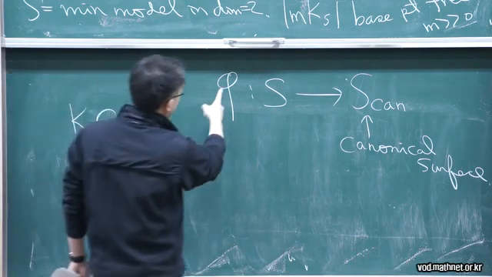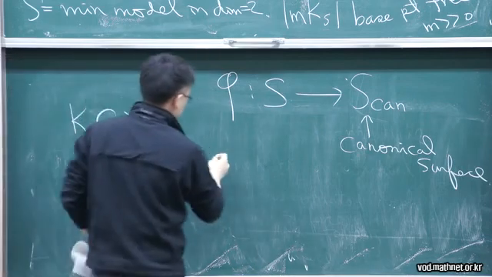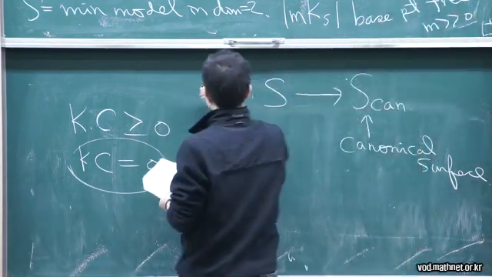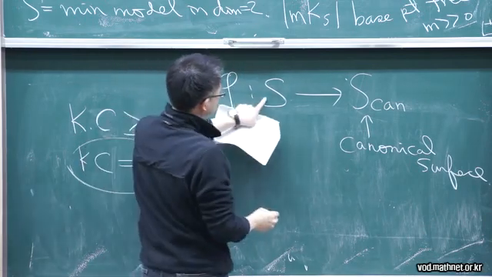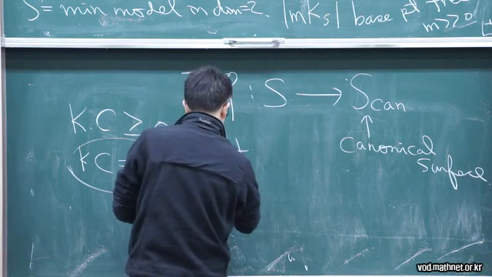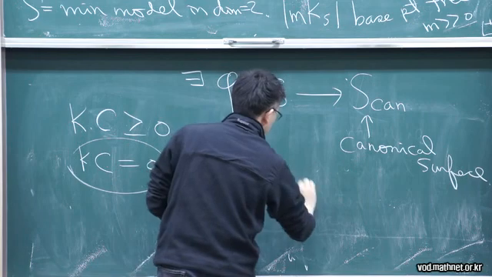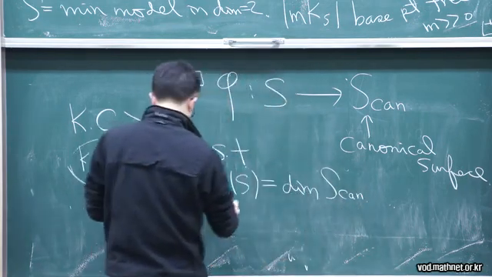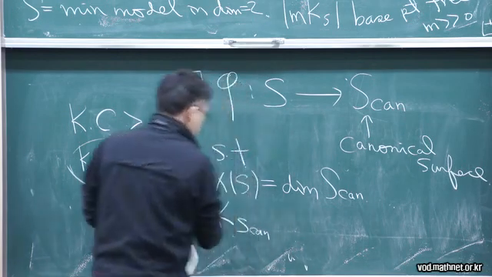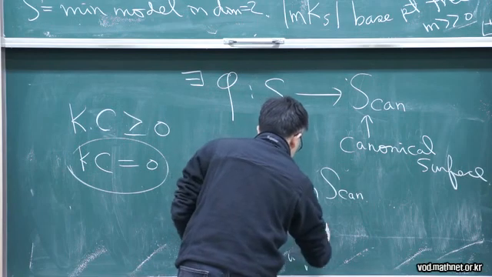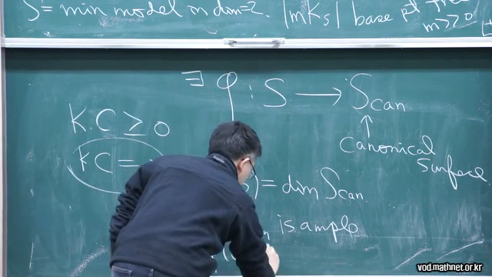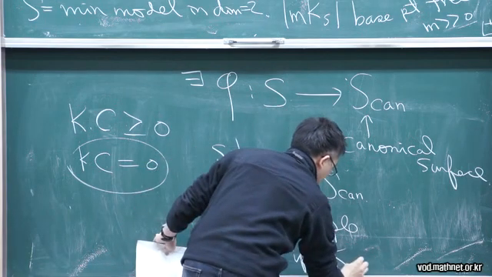The statement of the theorem implies that there exists a morphism from S to some canonical model, such that the Kodaira dimension of S is equal to that of the canonical model, and K, the canonical divisor of the canonical model, is ample, and pi(C) is a point if and only if K_S · C is 0.